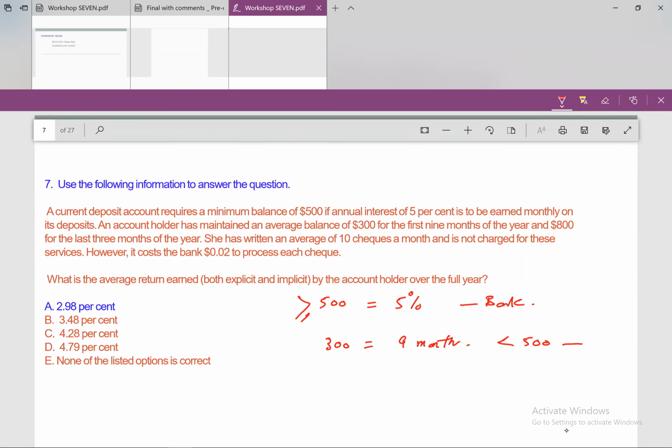The bank will grant 0 interest. Now he has also 900 and keeps it for 3 months. So on this 900, he will get 3/12 at 5%, and he will get here, if I am not mistaken, 240.